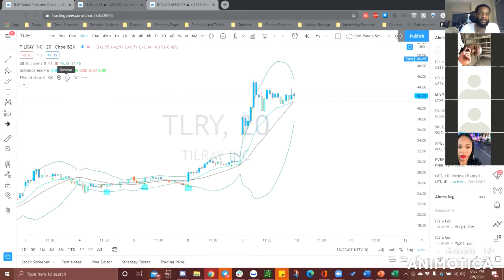Yo, did you put the Red Panda setup on TradingView? I didn't have a laptop, so I improvised. Yeah, you made it work. Wait, who in here is in Red Panda?